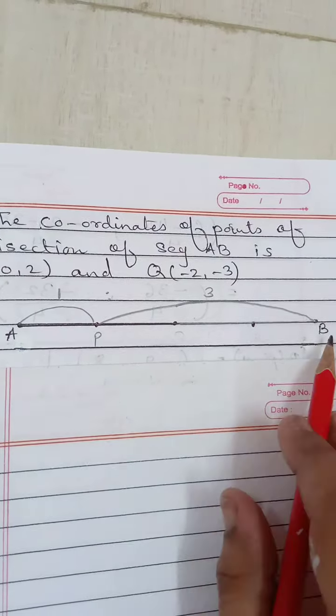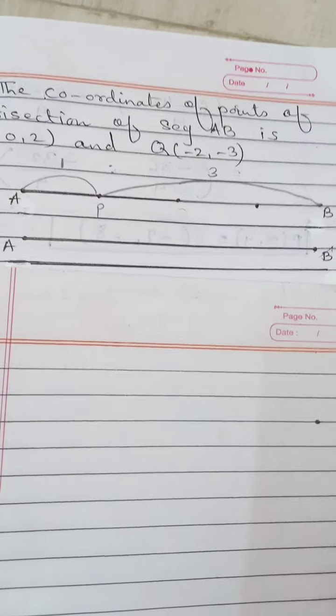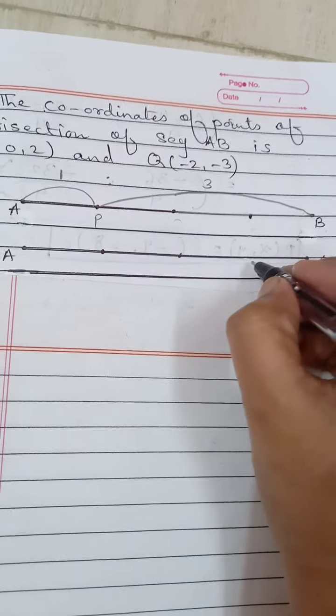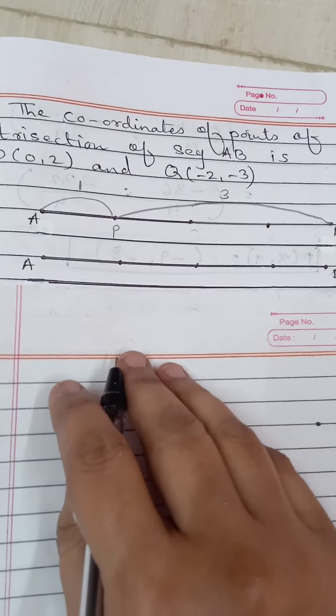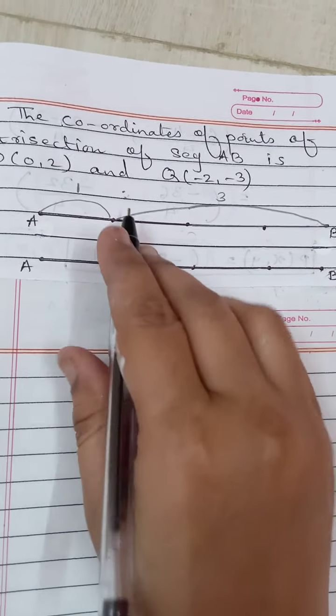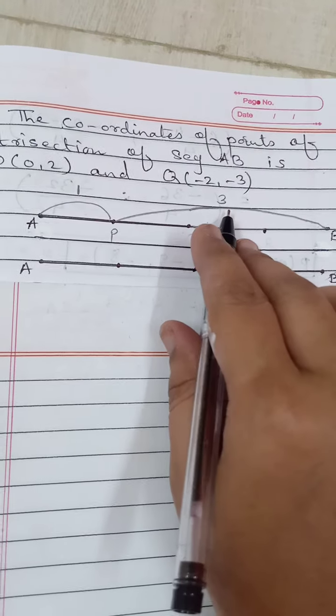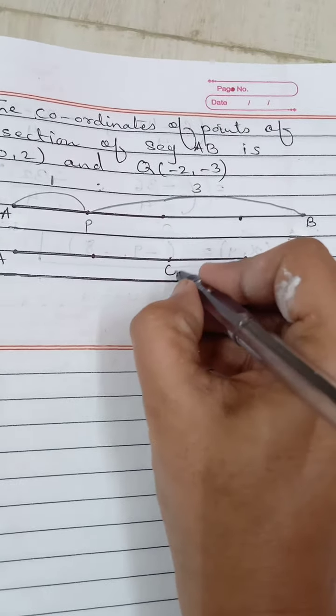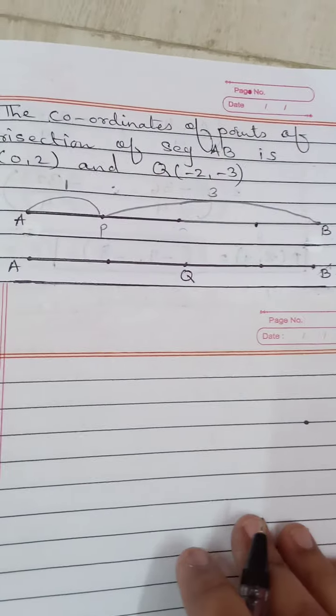Now I will explain for points Q and R also. See here, I have taken the other segment, that is segment AB. Now again I will take the 3 points on segment AB. Already the first point we have taken is P and we have also got the ratio of point P. Now we will take point Q. I will take point Q here.